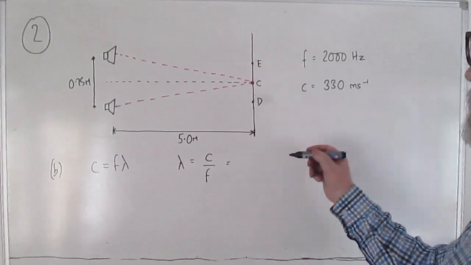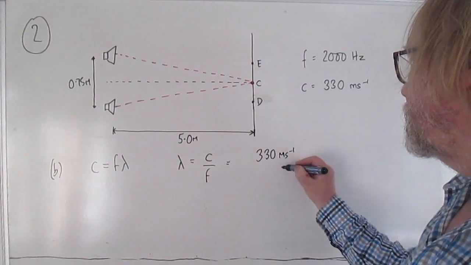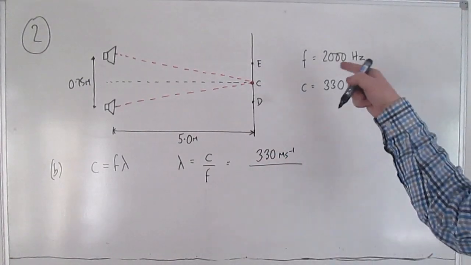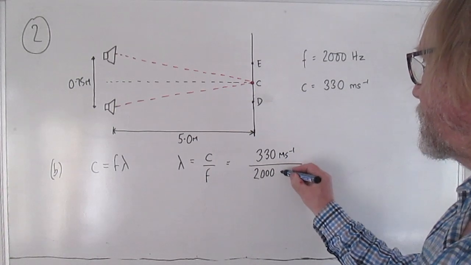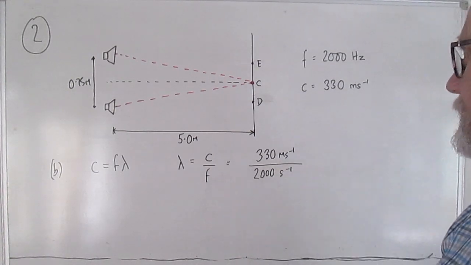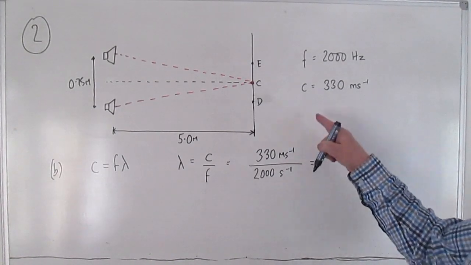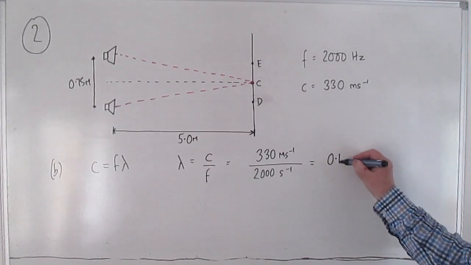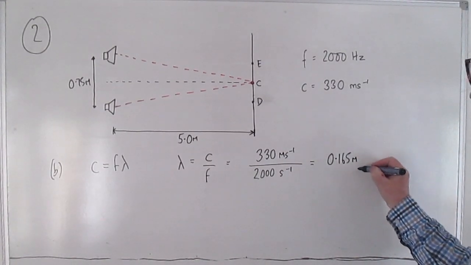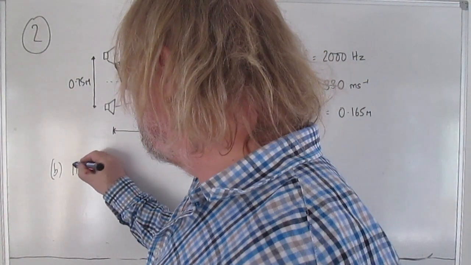So we've got c is 330 meters per second divided by f, which is 2000 hertz, which is 2000 seconds to the -1. So the answer will just come out in meters, as it should, and that comes to 0.165 meters is the wavelength.